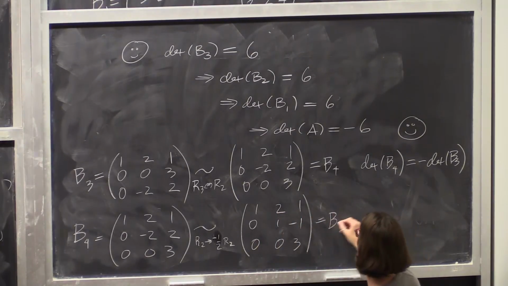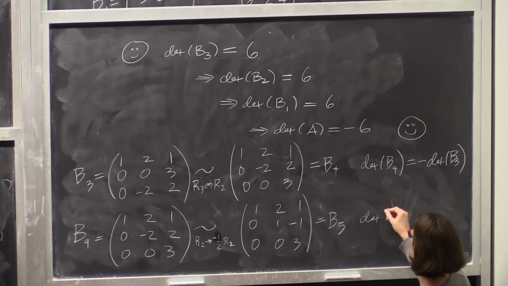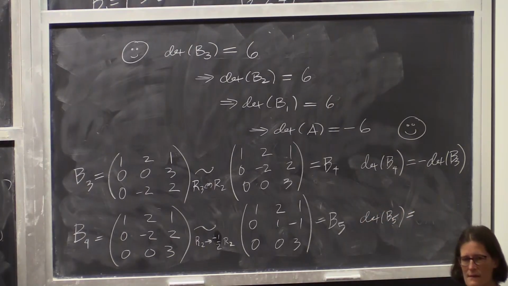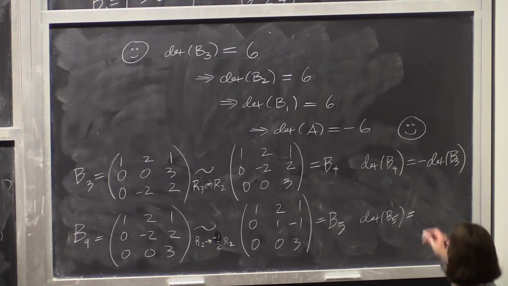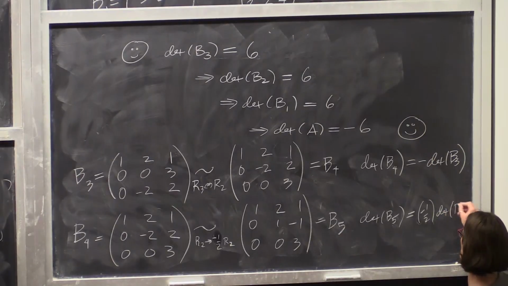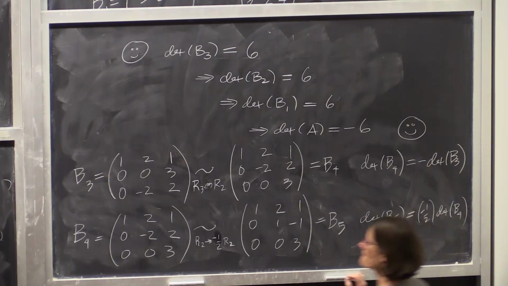That's B5. The determinant of B5, we're going to have to use which fact? Fact 1. What is t? Negative 1/2 determinant B4.